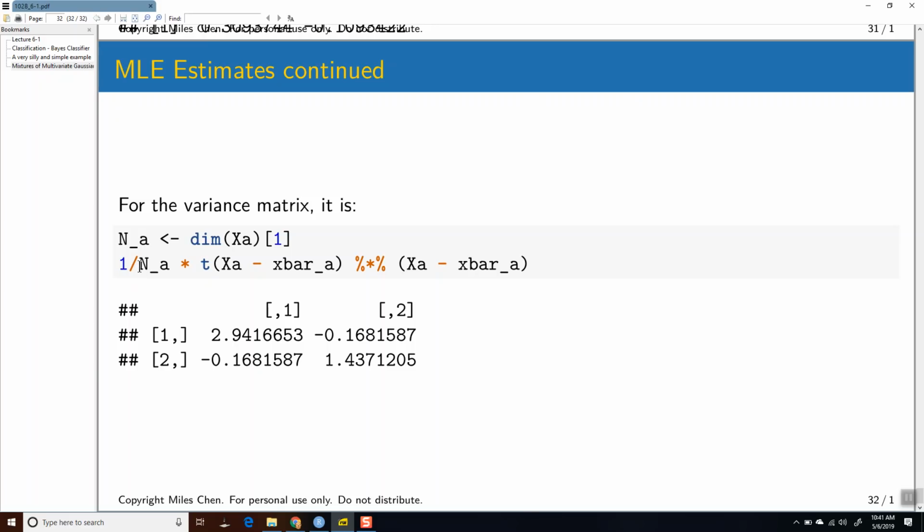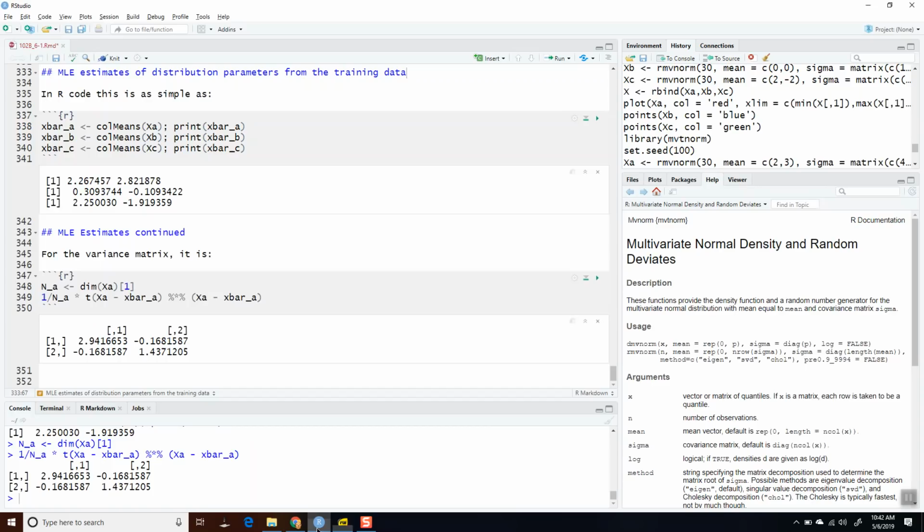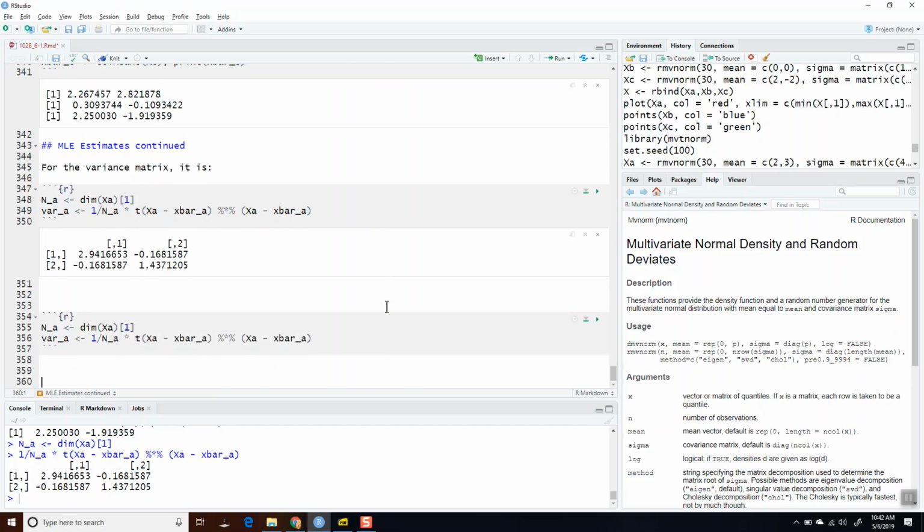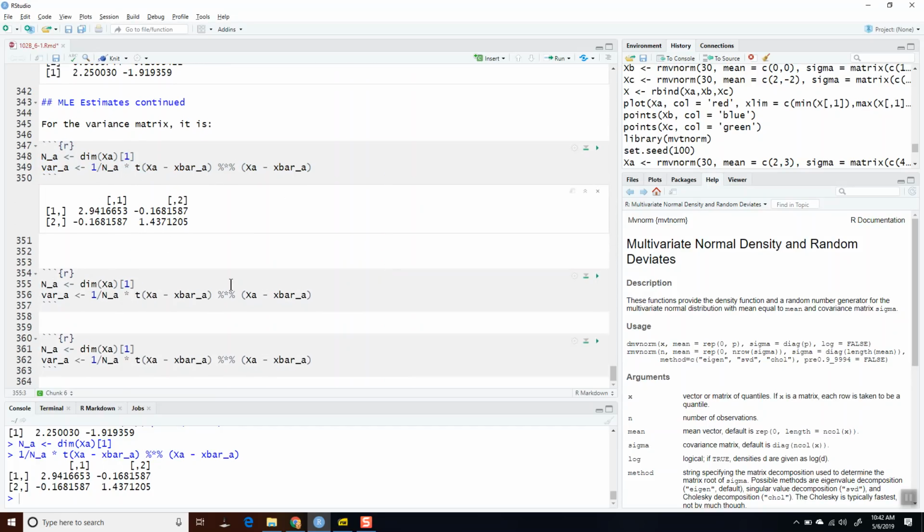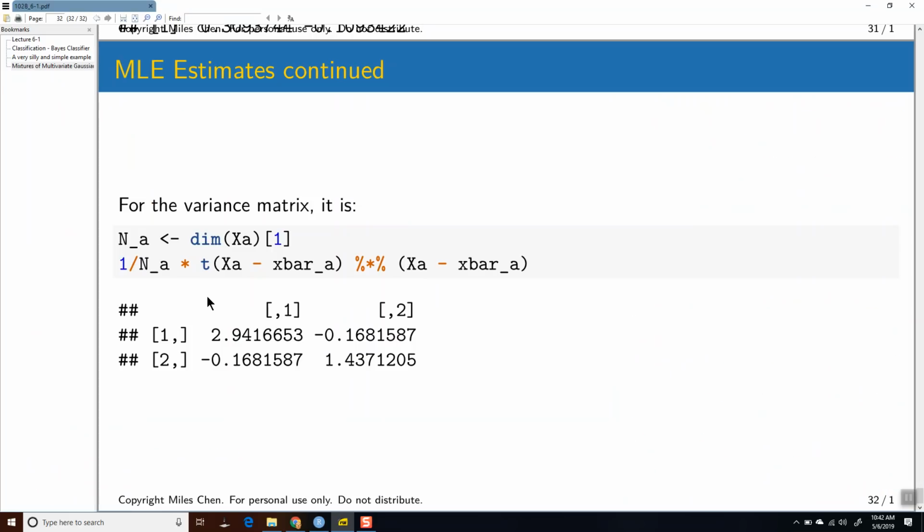We'll do this for each class, and this will be the resulting variance-covariance matrix. So I'll call this variance A, and then I'll have to calculate this for the other classes, variance B and variance C. Anyway, I'll fix that up.